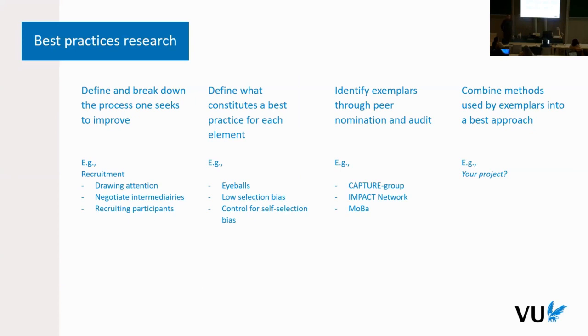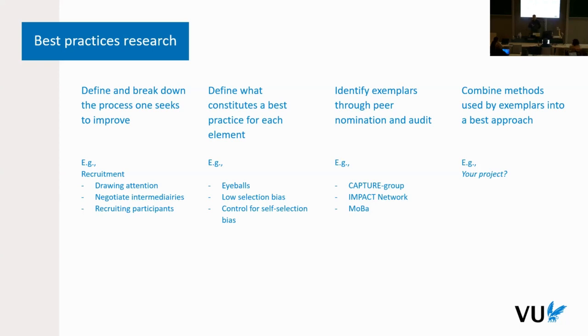Now, you already saw that open science is multifaceted and there are all kinds of ways to improve your work. So I already told you about best practices research as a heuristic that you can use yourself, also working at your research yourself or with your group, if you want to try to make things better.